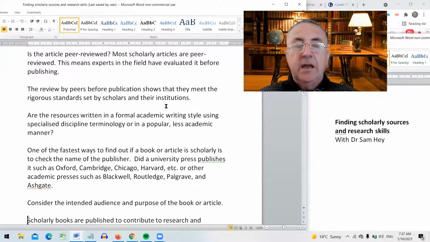Another question you could ask is, are the resources written in a formal academic writing style, using specialised discipline terminology? Or are they written in a less academic, more popular manner?